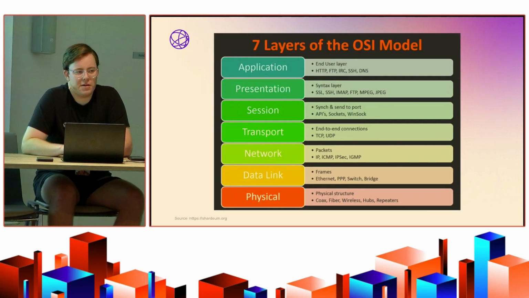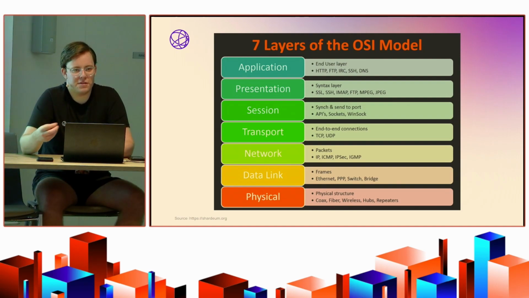A good way to think about modularity when it comes to blockchains is the OSI model for software. Basically, this is the way that most of the tools that we use today are set up. There's a different layer for each specific piece of the stack. So when you send an email, it's interacting with a lot of these different layers, but we don't really see that as a user.